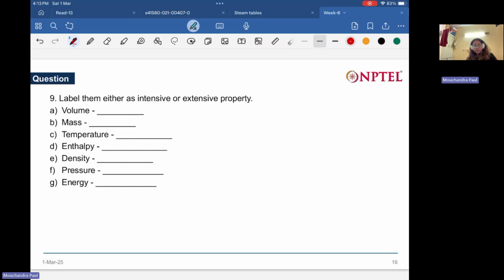In this question, you have to label whether the properties given belong to the intensive or extensive category. So quickly, what do we mean by intensive property or extensive property?